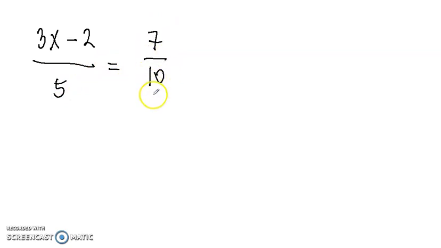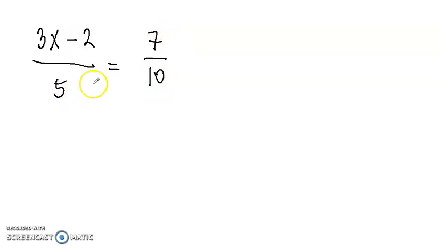Okay, another example. If we have 3x minus 2 over 5 equal to 7 over 10, we can do cross multiplication, or we can find the LCD of these numbers. So we can do cross multiplication.